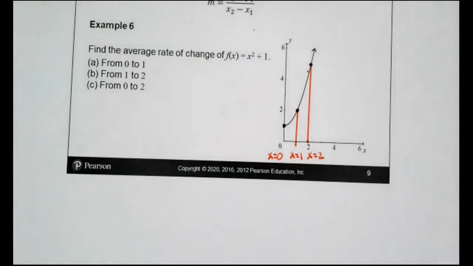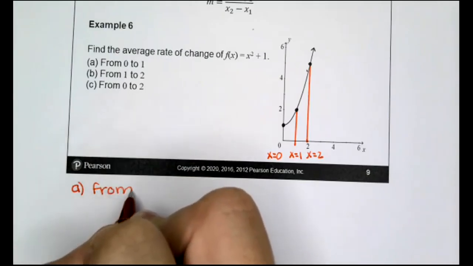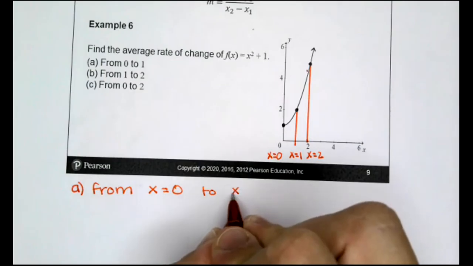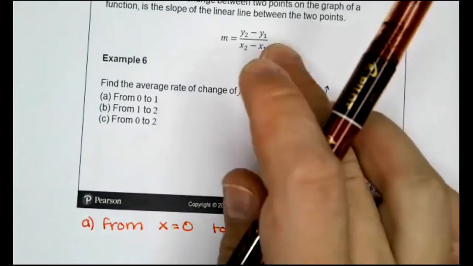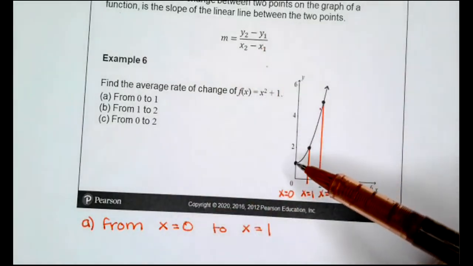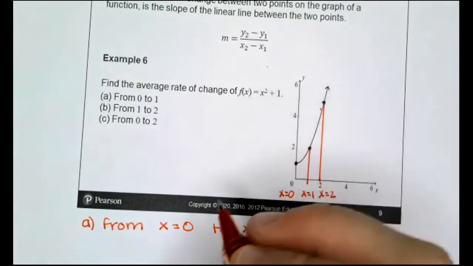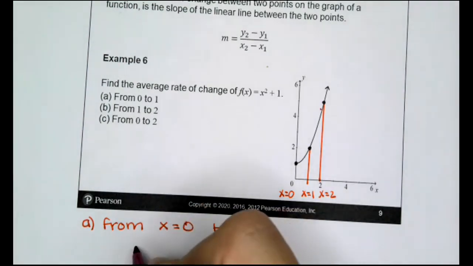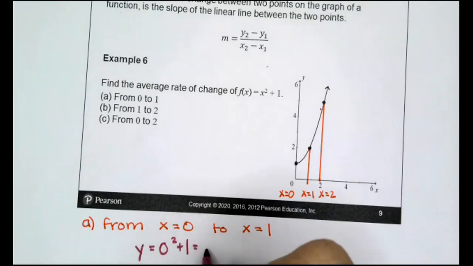All right. So part A said from x equals 0 to x equals 1. For this equation, I need y values too, right? Luckily, I don't have to guess at these. I can put it into the equation. So when x is 0, y equals 0 squared plus 1, which is 1.